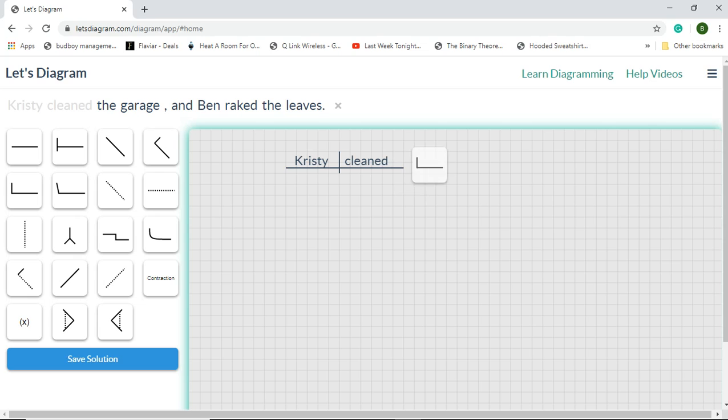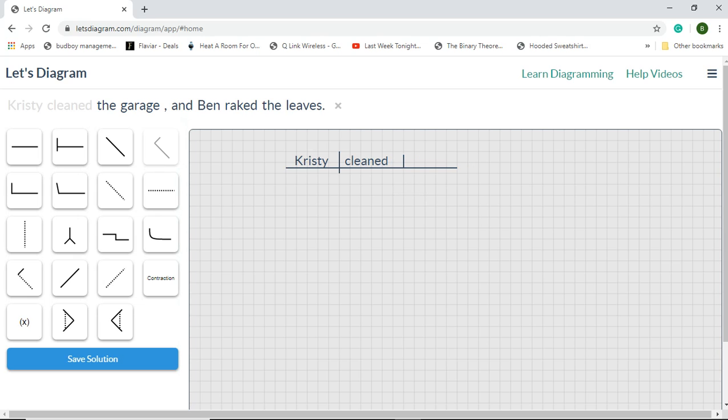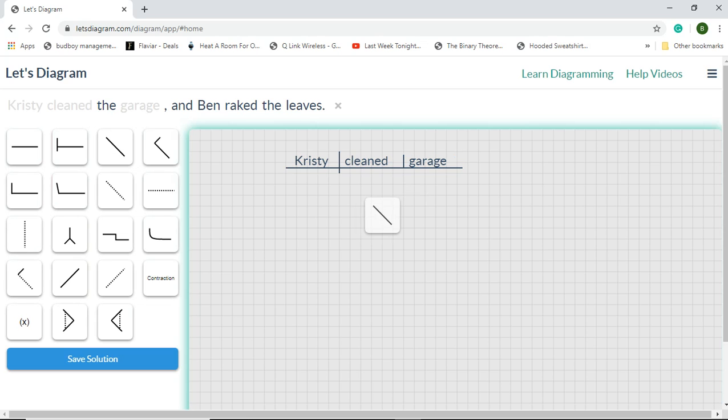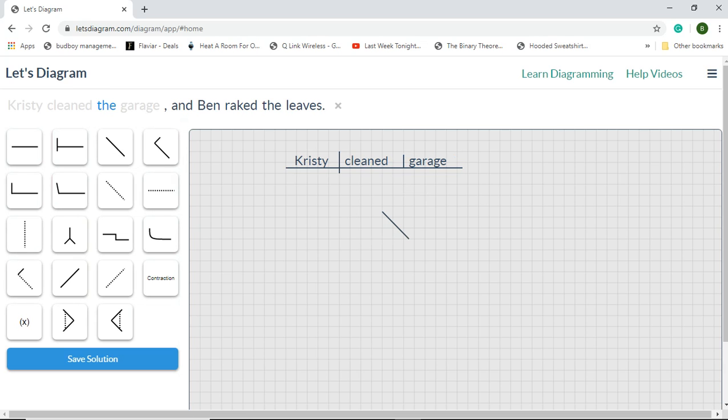Direct object, garage. The is an adjective modifying garage. Which garage did she clean? She cleaned the garage.